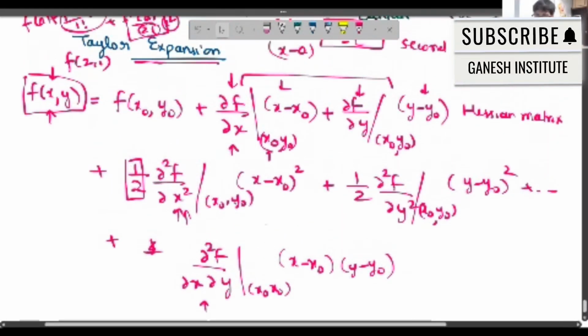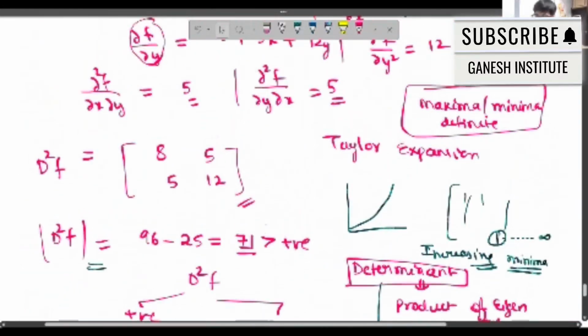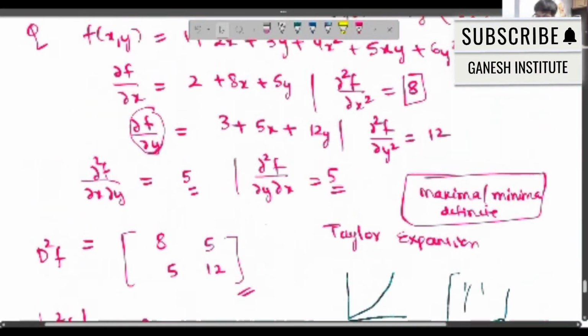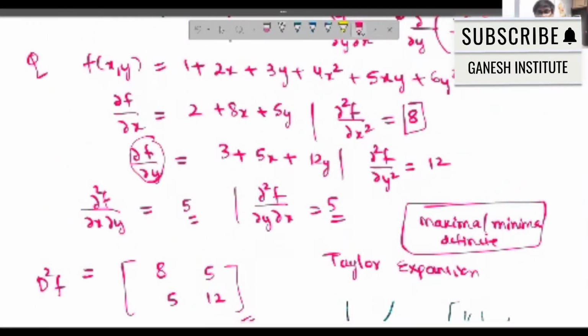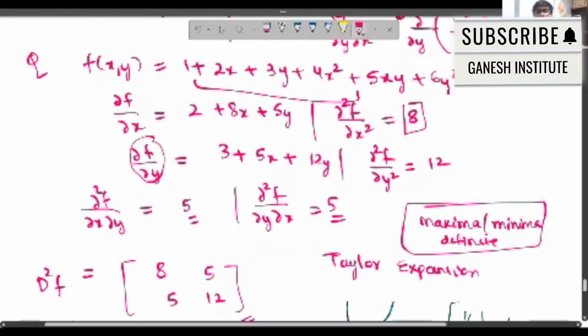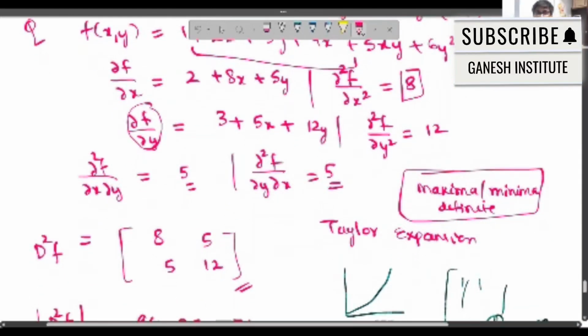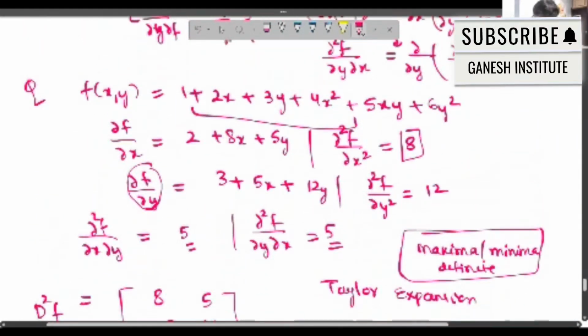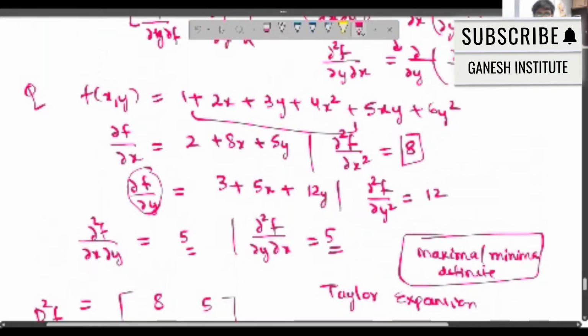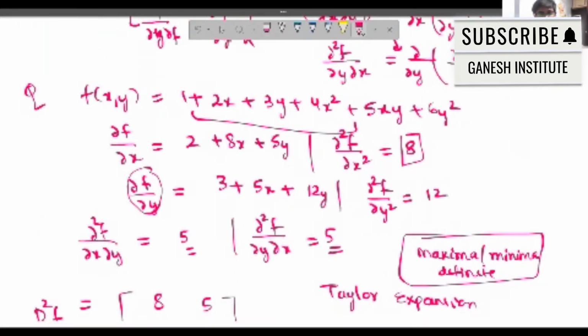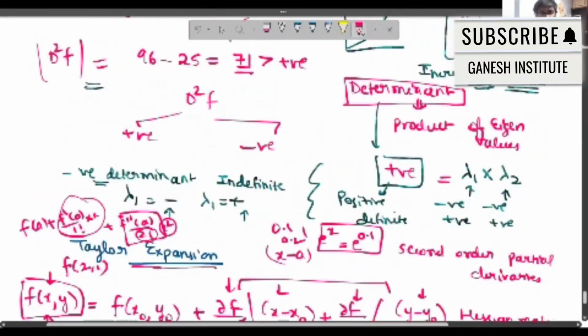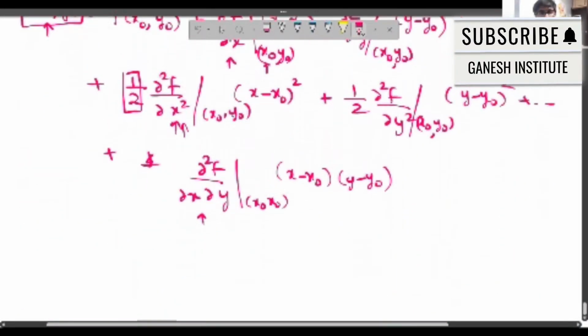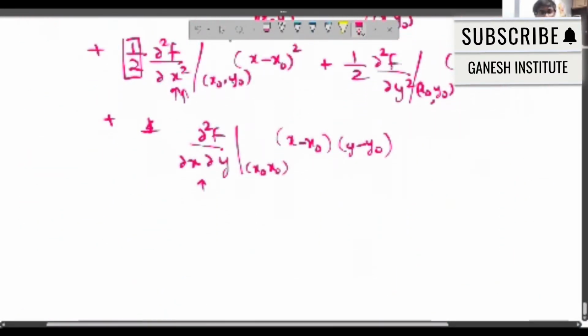Now, the same question, do you have this question? You just found writing it out down. 1 plus 2x plus 3y plus 4xy plus 5xy 6y. Okay, let's do the expansion for this.